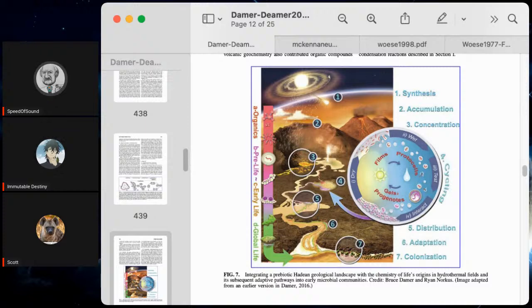I think they make a case that if this had happened in smokers in the ocean, accumulation would have been a problem, and the concentration of the biochemicals would have been a problem, and that's kind of where they came onto the hot spring hypothesis.